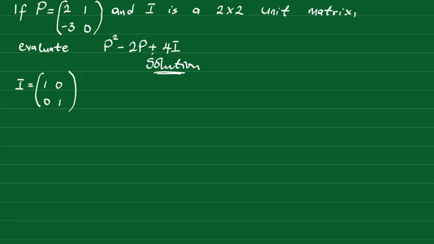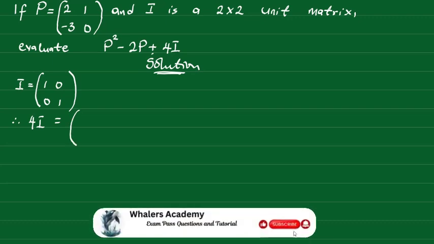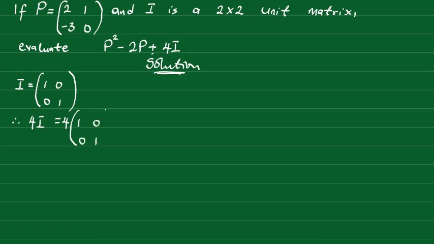Now, if I is equal to (1, 0; 0, 1), it therefore means that 4I is equal to 4 times (1, 0; 0, 1). This will give us 4 times 1, which is 4; 4 times 0, which is 0; 4 times 0, which is 0; and 4 times 1, which is 4.